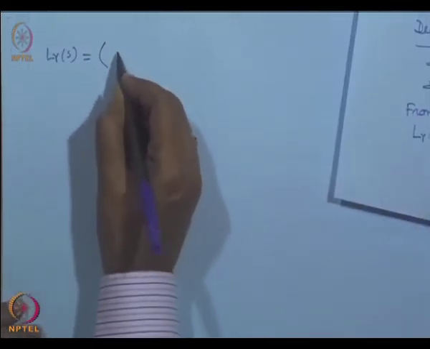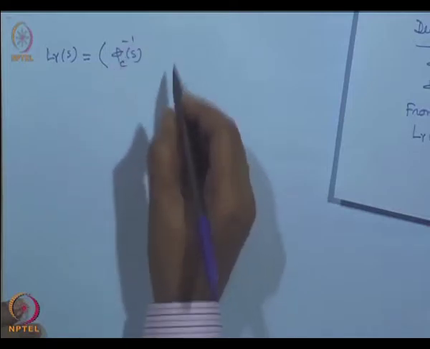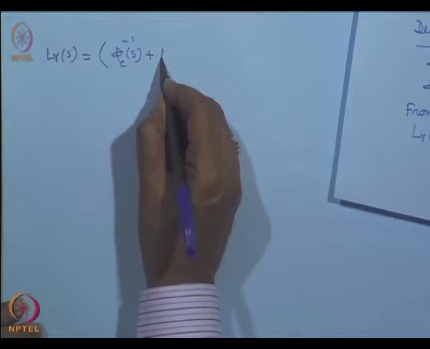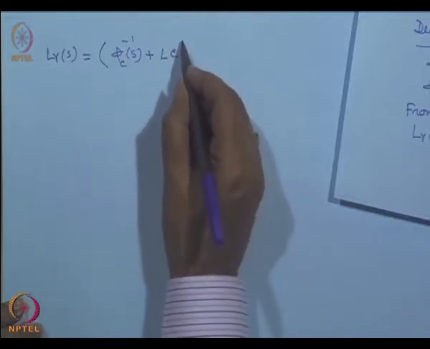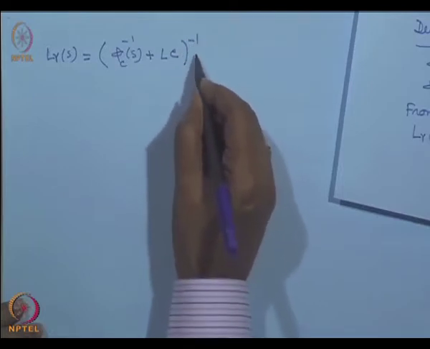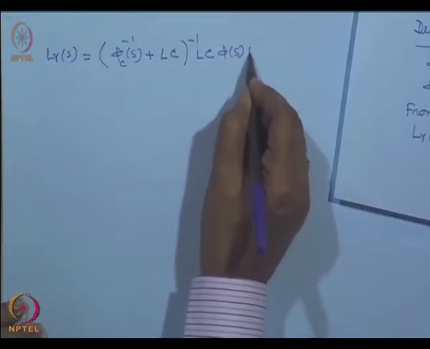So, I can write this as nothing but phi_c(s) inverse plus what is left, L C, whole inverse, L C into phi(s) into B.